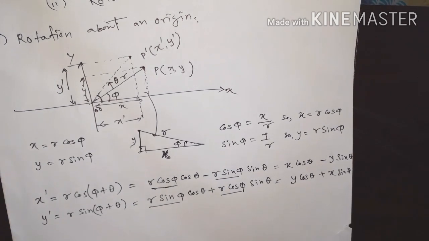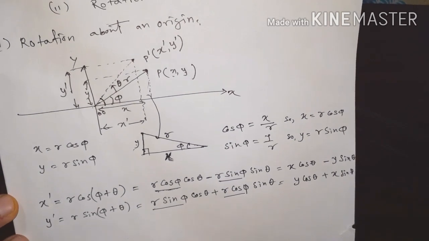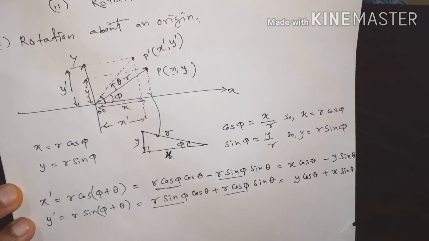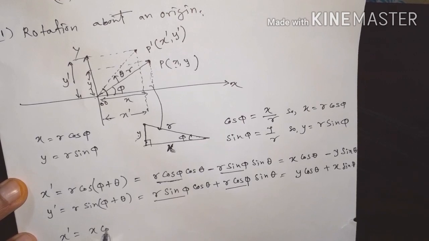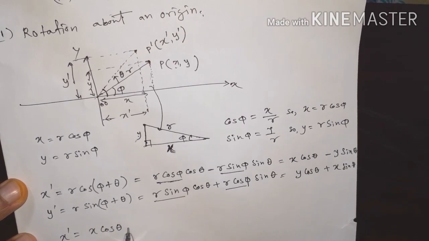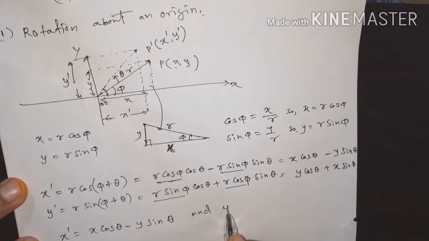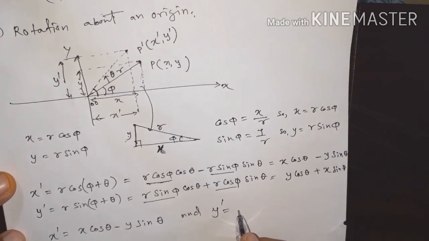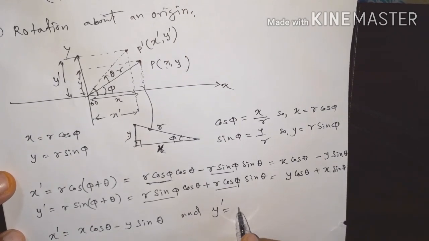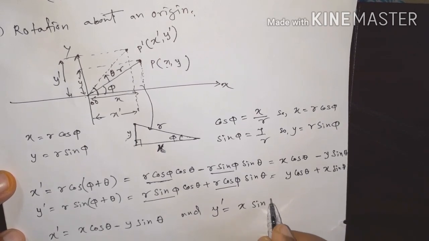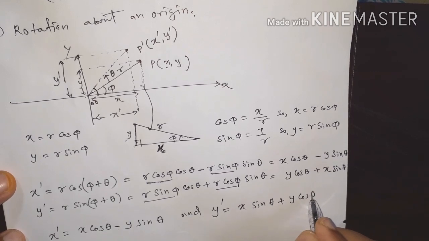Finally we get x prime equal to x cos theta minus y sin theta, and y prime equal to x sin theta plus y cos theta.